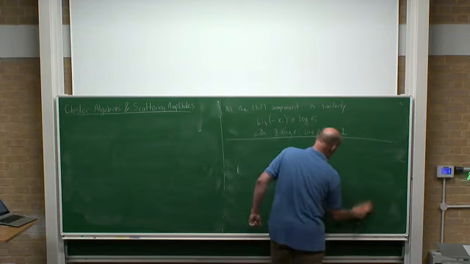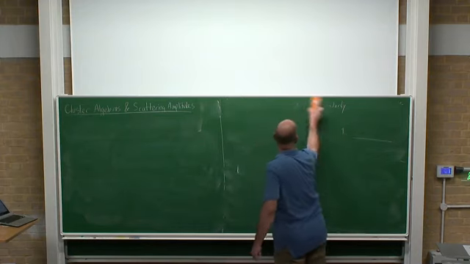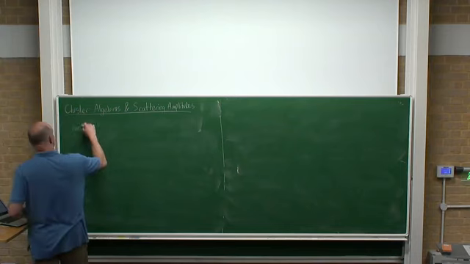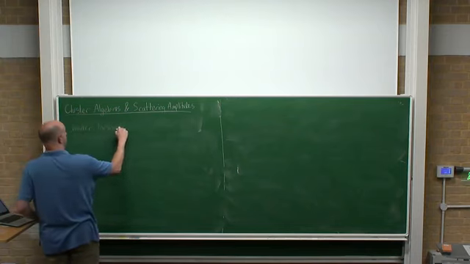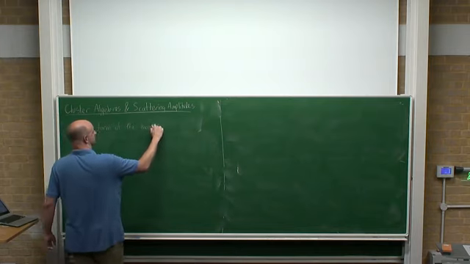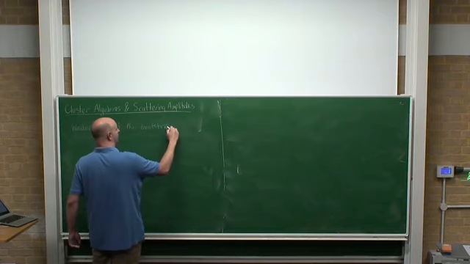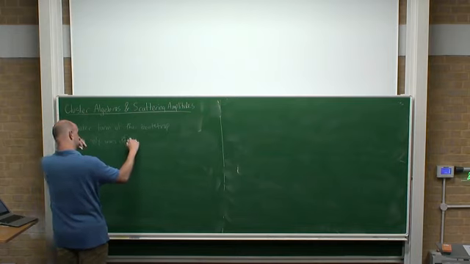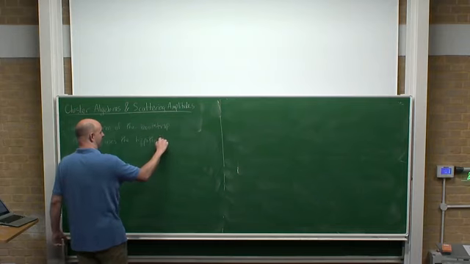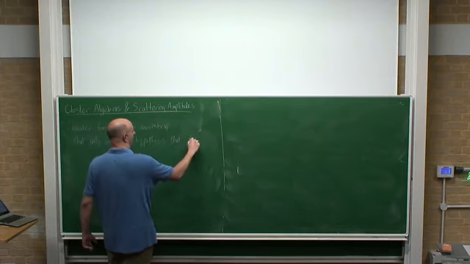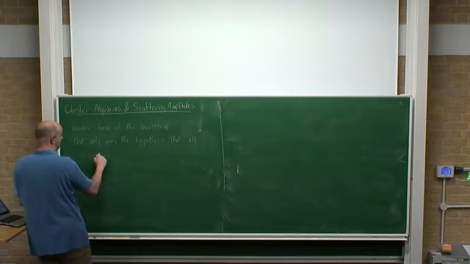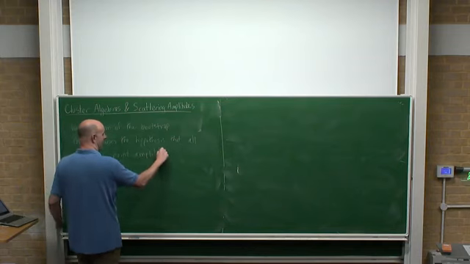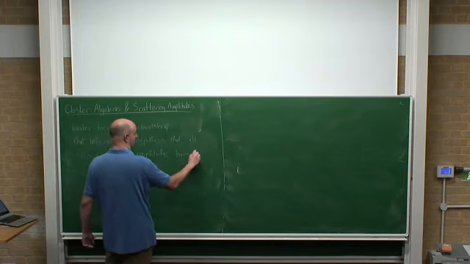So another thing that I've been pursuing with some collaborators is a weaker form of the bootstrap that only uses the hypothesis that all n equals 6 and 7 point amplitudes have symbols.